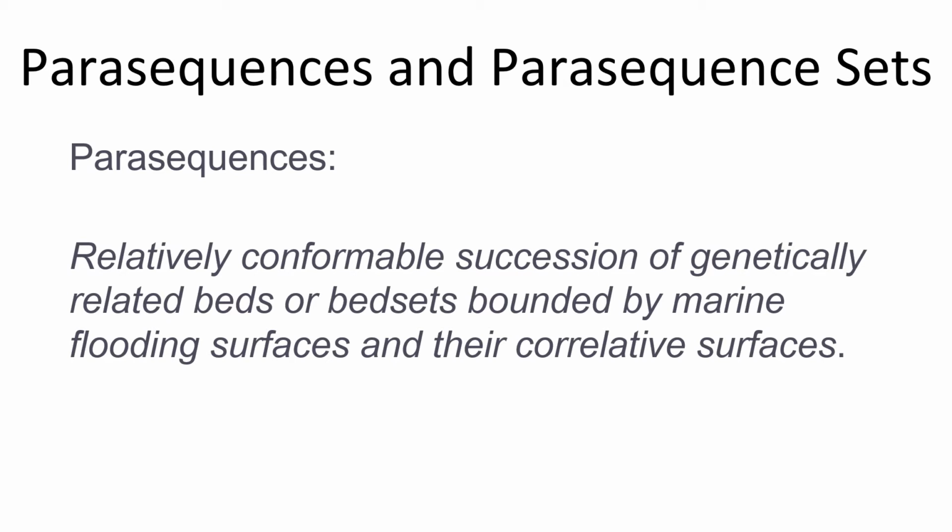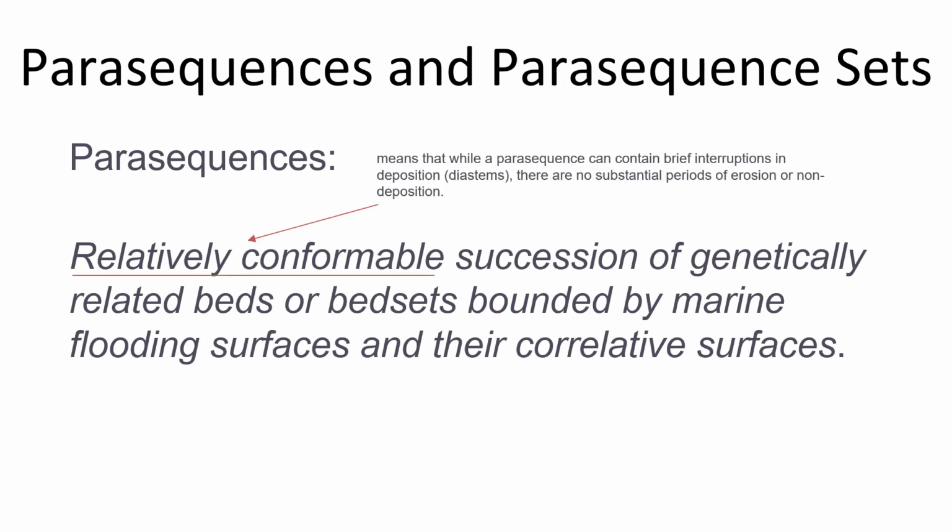Okay, one part at a time. Relatively conformable. That means that this parasequence could contain some minor interruptions. We call them diastems. But there's no substantial periods of erosion or non-deposition. These are conformable. They're not missing millions and millions of years.